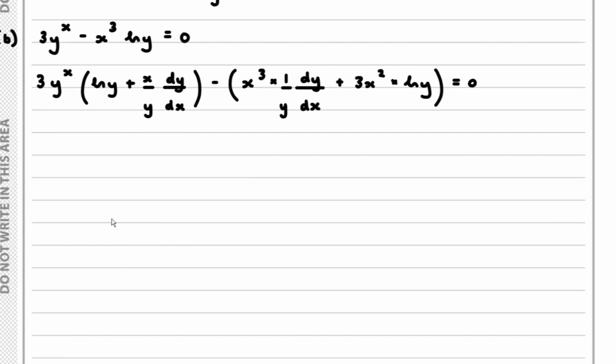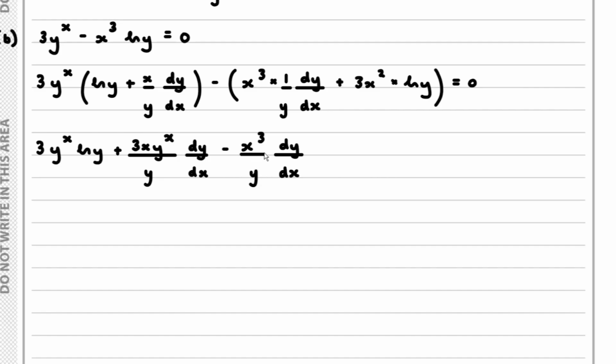So expanding and simplifying, we've got 3y to the x times the natural log of y, plus 3x y to the x over y dy over dx, take away x cubed over y dy over dx, subtract 3x squared times the natural log of y equals 0. Now, if I factorise out a dy over dx from this term and this term, and noticing we've got a common denominator of y, we would have 3x y to the x subtract x cubed all over y times dy over dx.